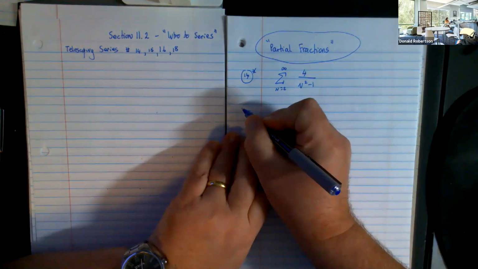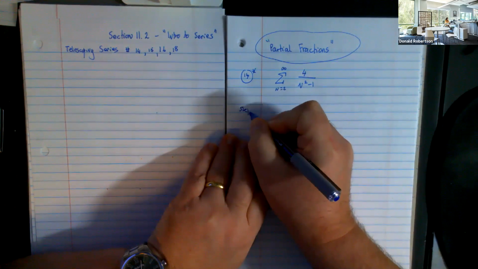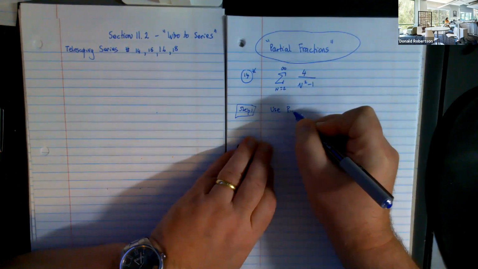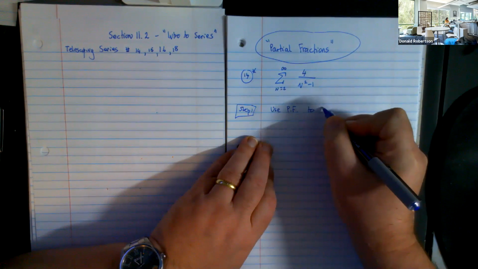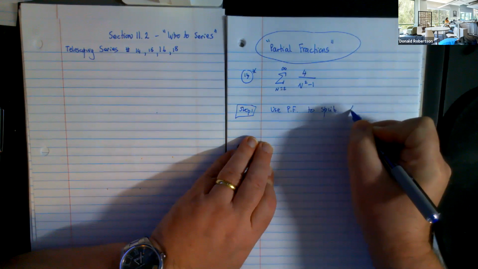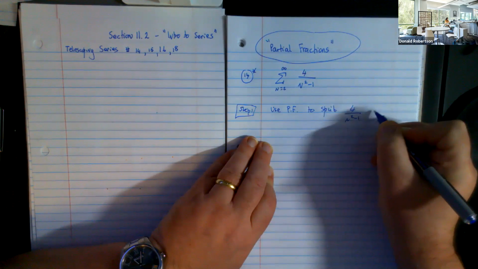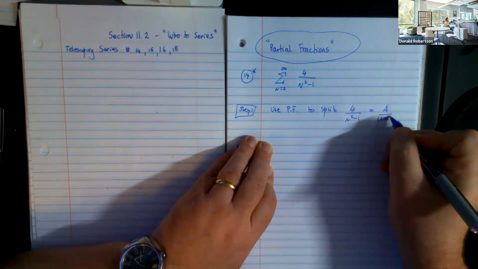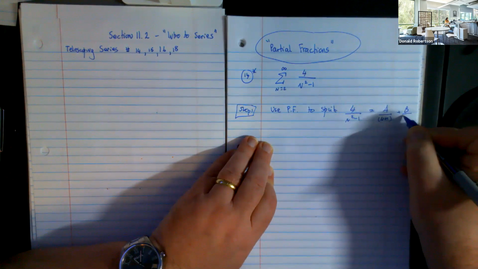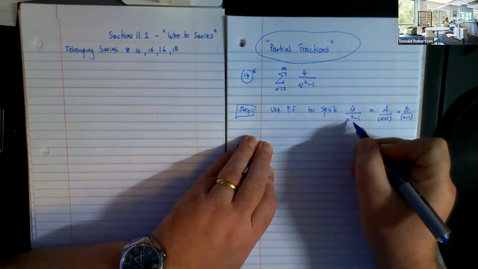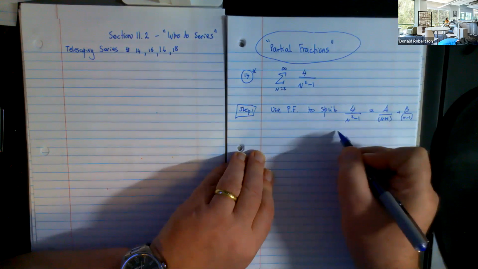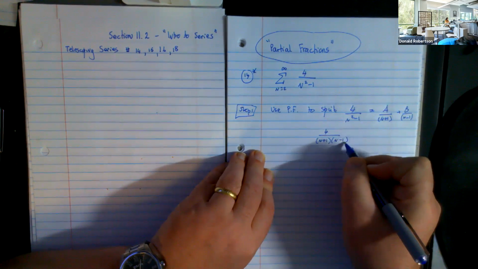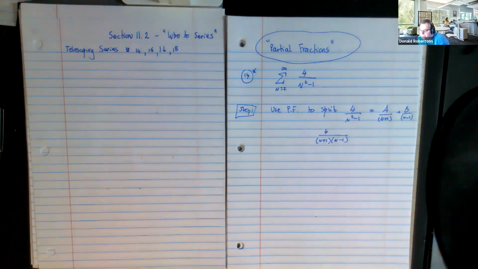So what we're going to do here, which I'm calling step 1, is use partial fractions to split this guy into its 2 pieces. And you might say, where does that come from? Well, I hope you've recognized that that's actually that guy, right?